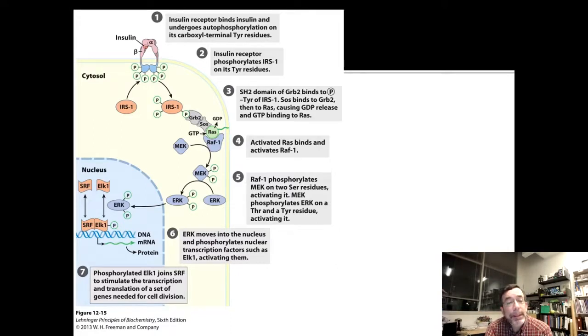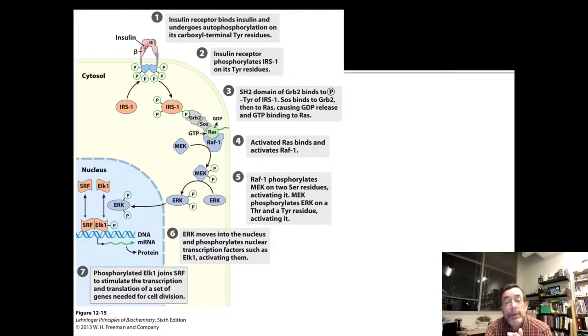And so the GTP, when it binds, activates the RAS protein. Then the activated GTP-bound RAS will bind this next protein called RAF1, and then we get to a cascade. Because in step 5, RAF1 will start to phosphorylate a whole bunch of MEK proteins, and the MEKs will phosphorylate a whole bunch of ERKs. And there you have the phosphorylation cascade.